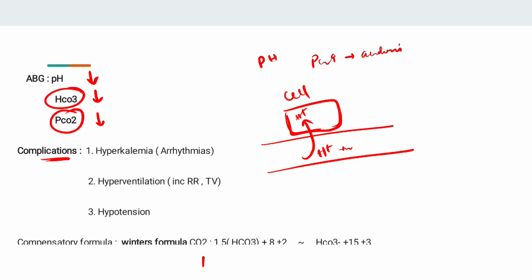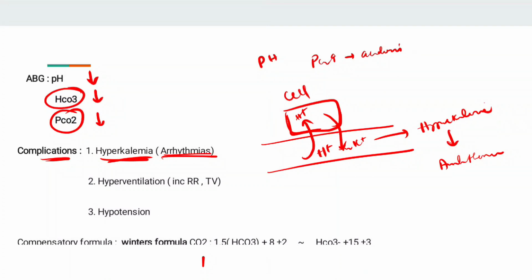To maintain electroneutrality, some positive ion from the cell will be thrown into the blood, and it is K+. So potassium will be increased in the plasma. It leads to hyperkalemia, and hyperkalemia leads to arrhythmias.